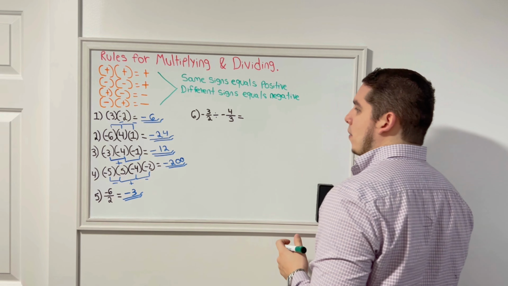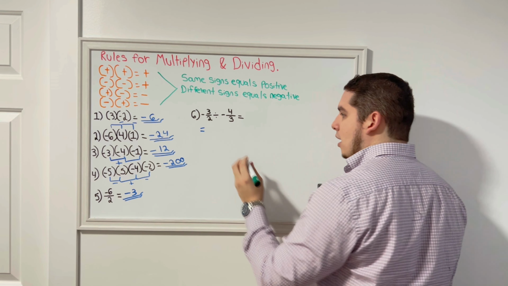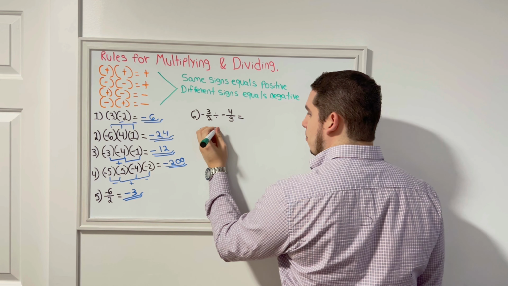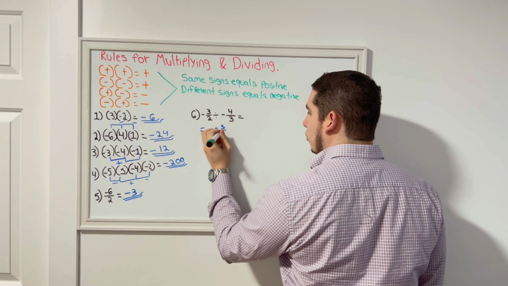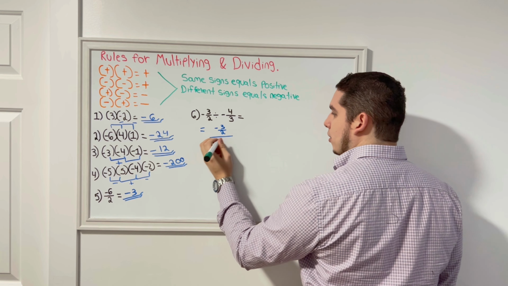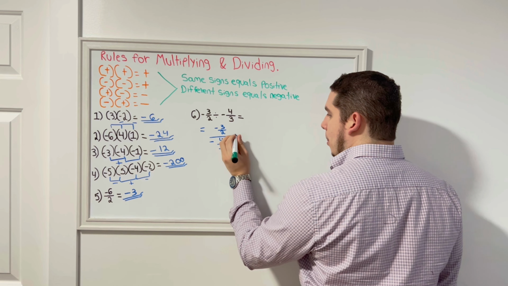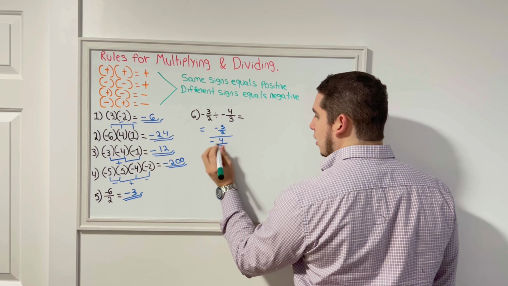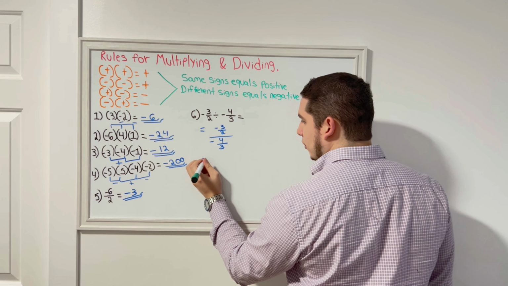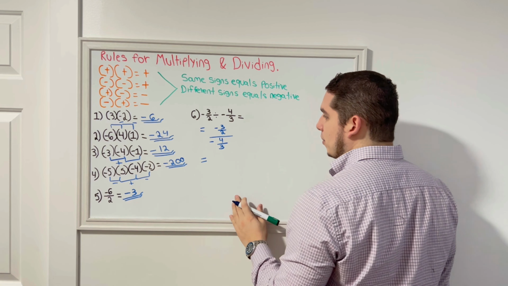Now for this one, we're going to rewrite this as a division, which is minus 3 over 2 over minus 4 over 3. And the answer to this, I'm going to write it down here, is negative over a negative equals a positive number.